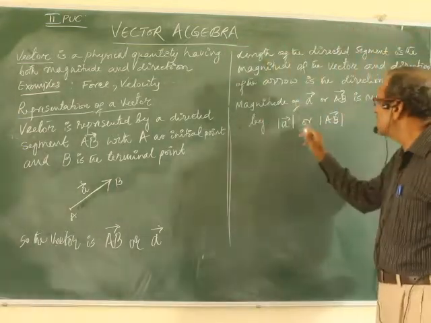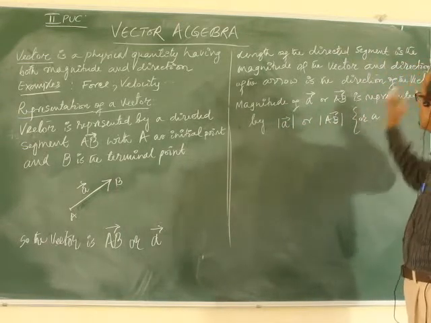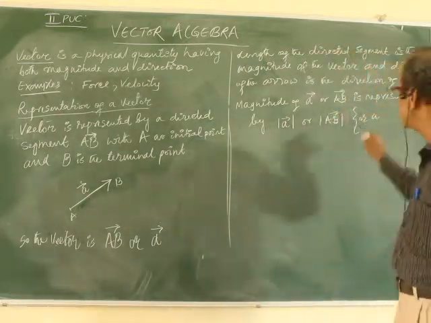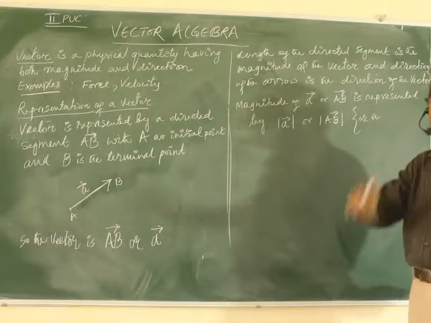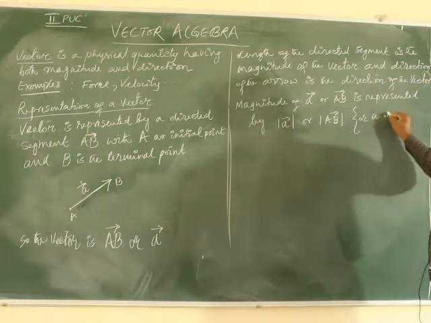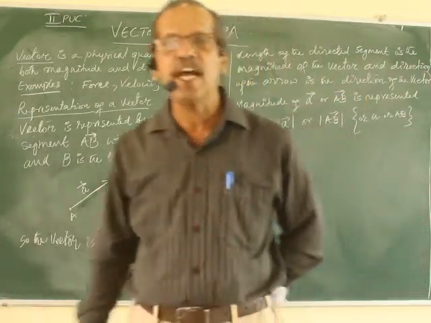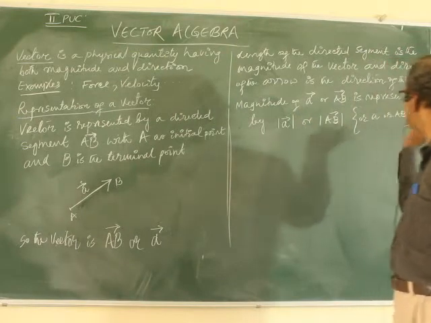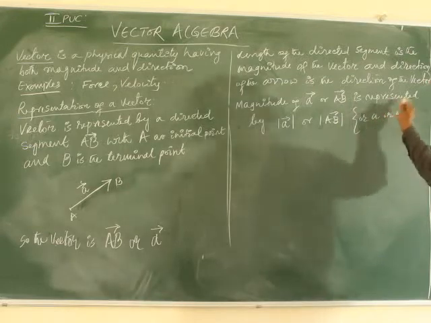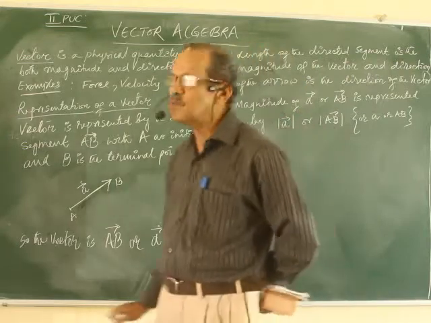Still we can write A, small letter, with no arrow mark at all. If you write just A, it is the magnitude of the vector. Don't say it is a vector, it is just the magnitude of the vector A. Instead of writing modulus, you can write AB without arrow, it is just the length, a scalar. So the magnitude of the vector A or AB is represented by this. Representation of the vector is over.